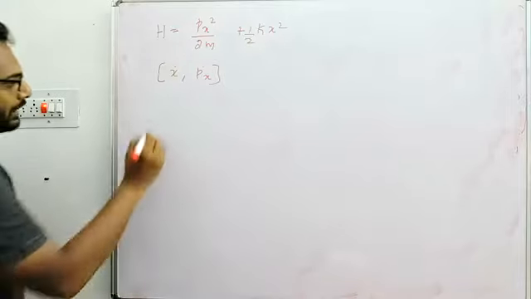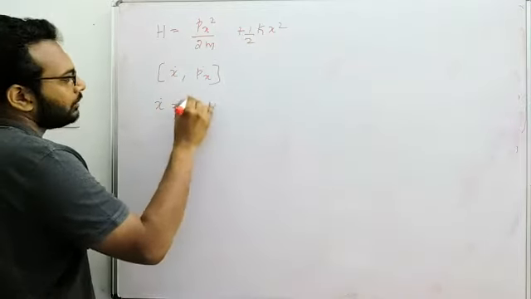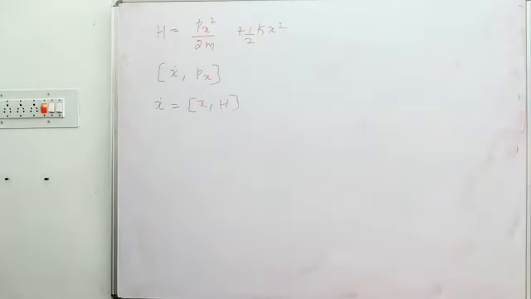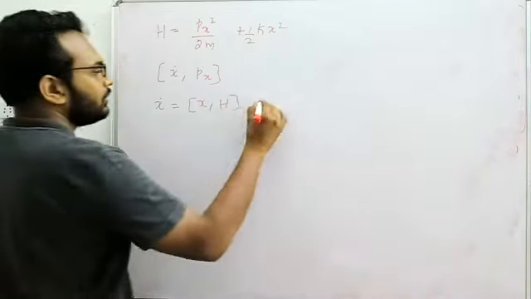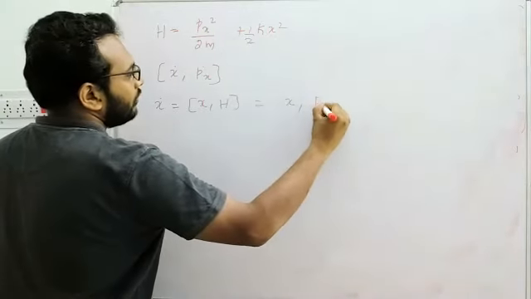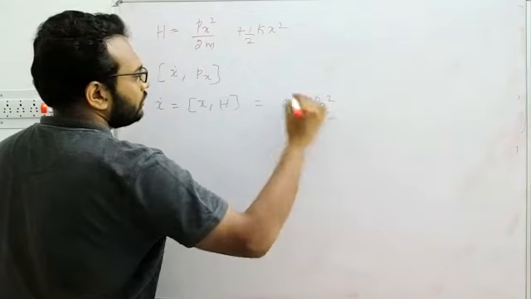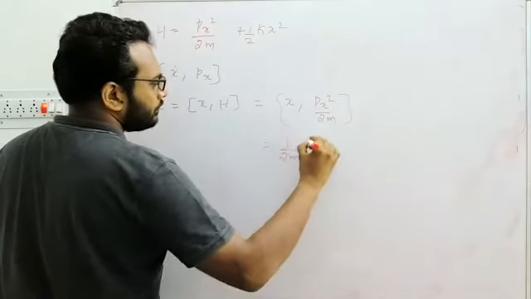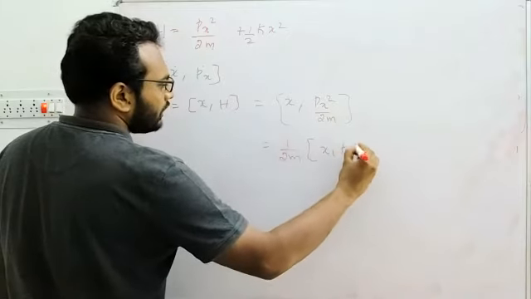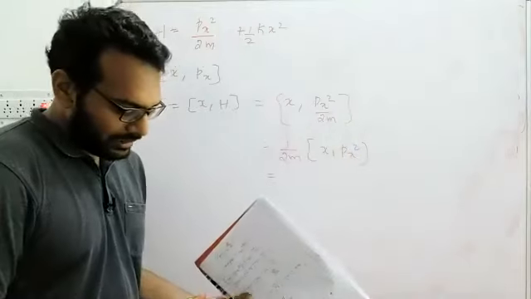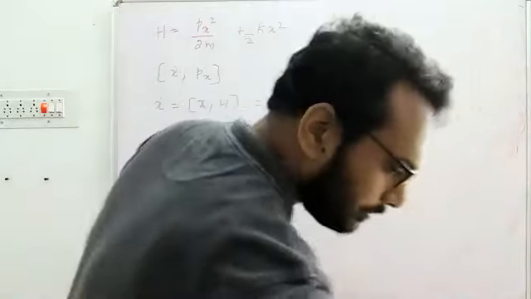Okay, now we know that x dot equal to x with h, the Poisson bracket of x with h, right? So this is equal to, you take only the non-zero term here, okay? x with px square divided by 2m, okay, that's equal to 1 by 2m x with px square, and we already saw the results of this. I'll just make it quick.